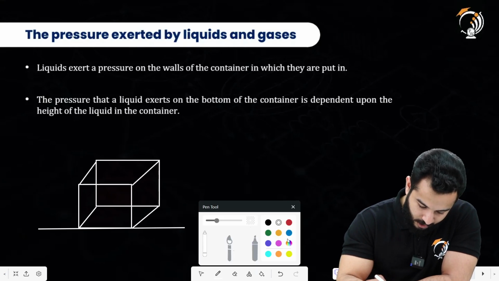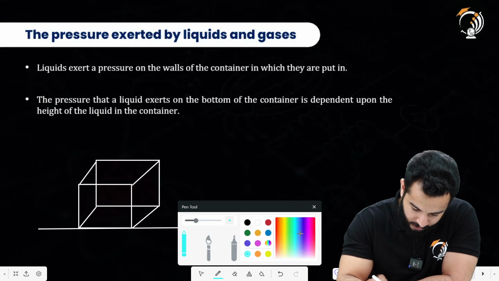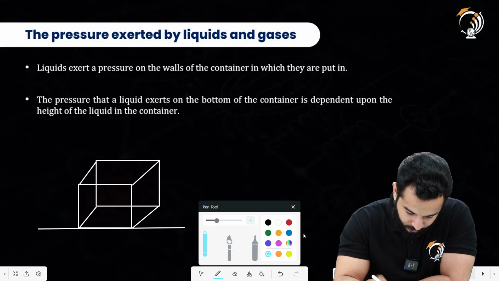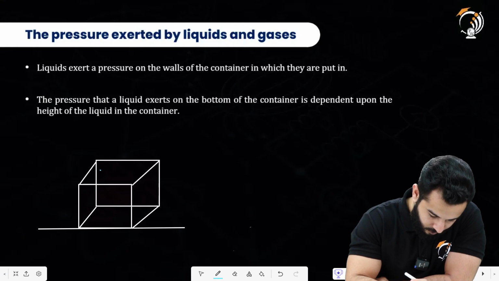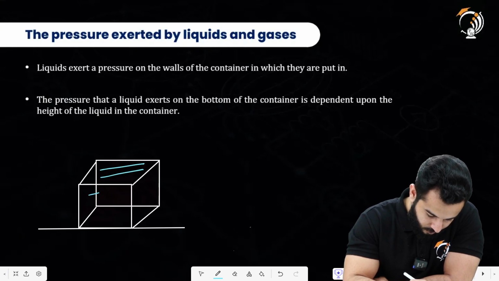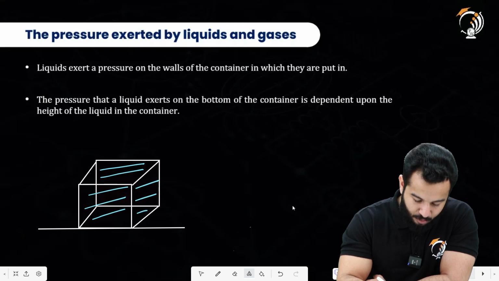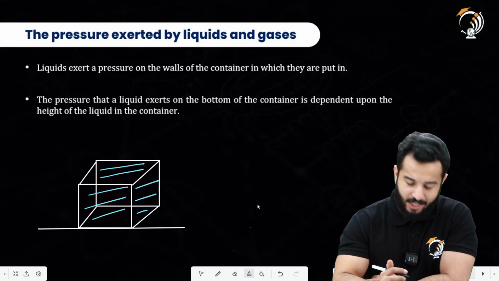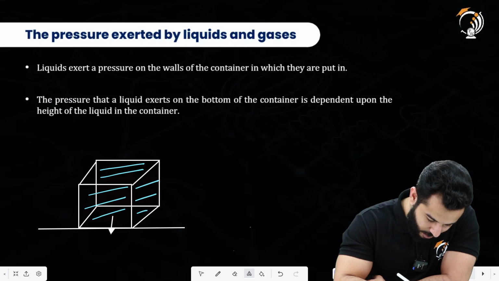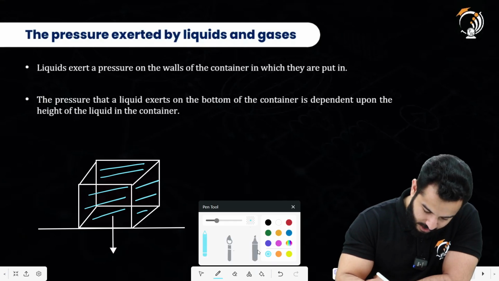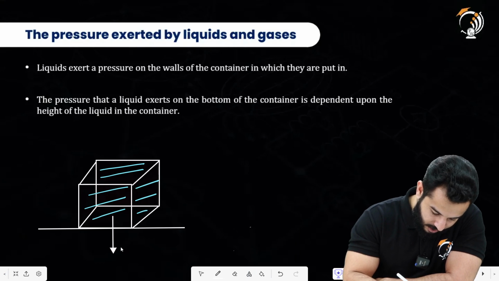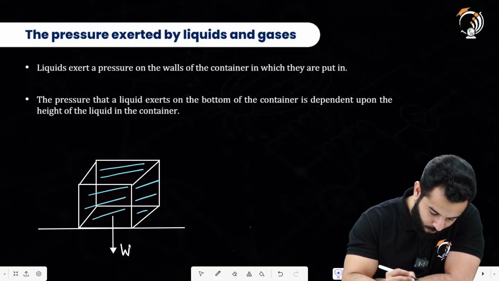Now let's suppose that we have water inside of it. If it has water inside, definitely the mass of the system will increase. Let's suppose the weight of this system is acting something like this, and this is the weight, W.